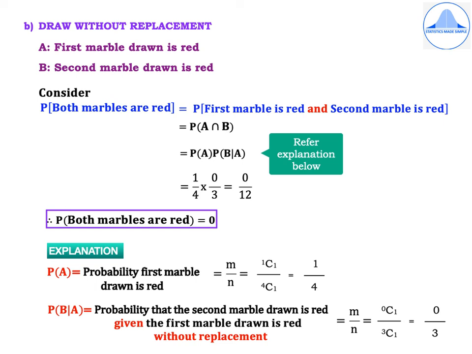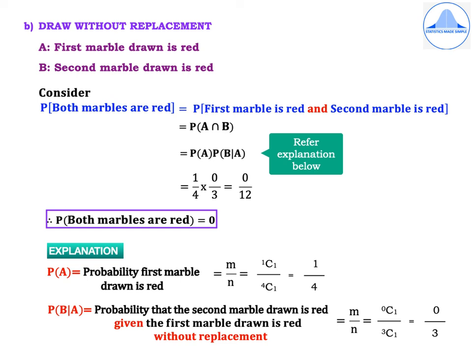Now use the formula M divided by N. There are only 0 red marbles, and from that you have to select one red marble. So it is 0C1 divided by, there are only 3 marbles totally in the box now because it is without replacement. You had removed one marble and you're not putting it back inside. So it is 3C1, which is equal to 0C1 is 0 divided by 3.